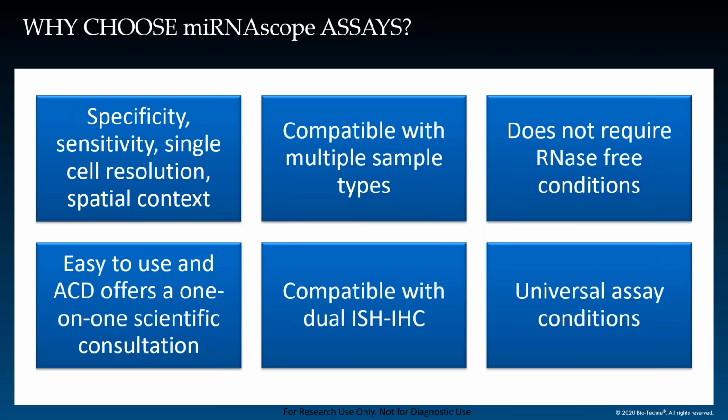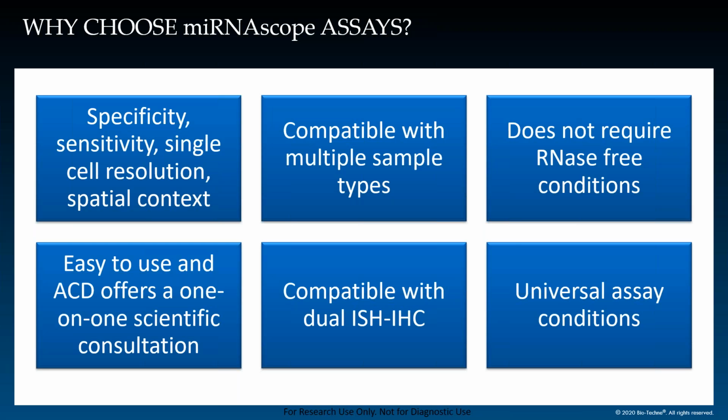Additionally, the assay is compatible with multiple sample types, including FFPE tissues, fixed and fresh frozen tissues, and culture cells. Another benefit of the miRNAscope assay is that it does not require an RNase-free environment like other typical assays do. Furthermore, the assay reagents are offered in ready-to-use formats for ease of use.